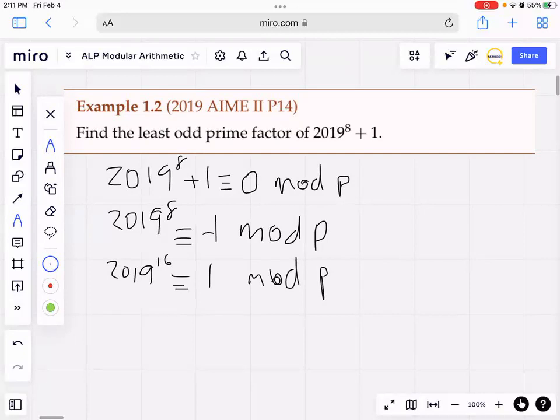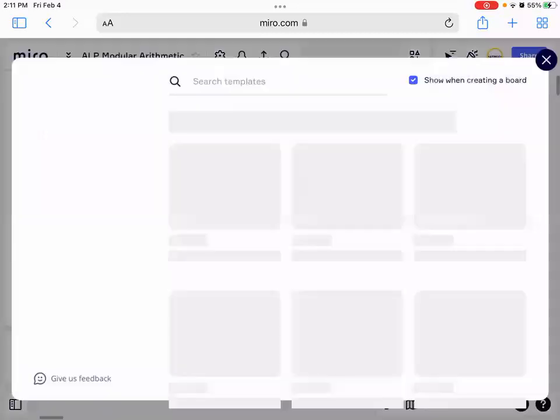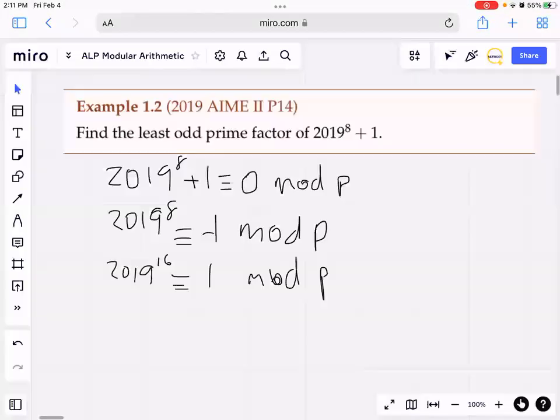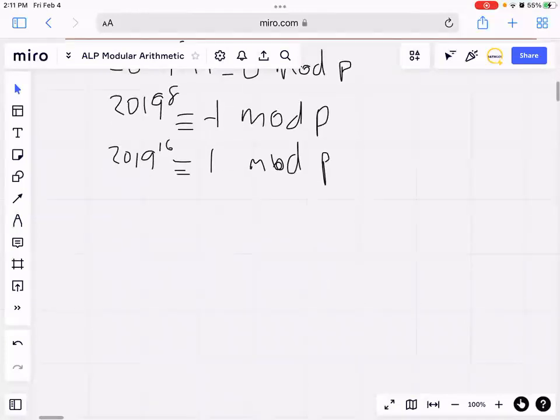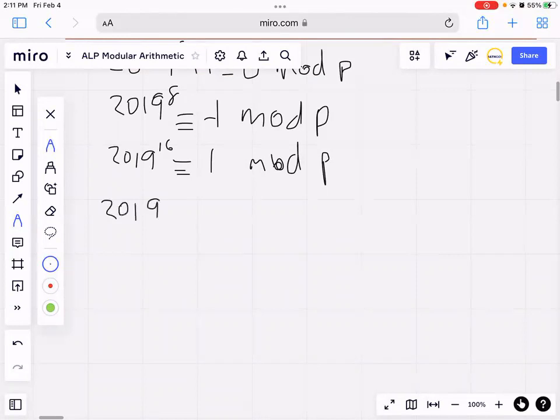Note that the 1 on the right-hand side is quite important, because for any k, 2019 to the power 16k is congruent to 1 mod p, because we're just multiplying 1 by itself k additional times, which will always equal 1.